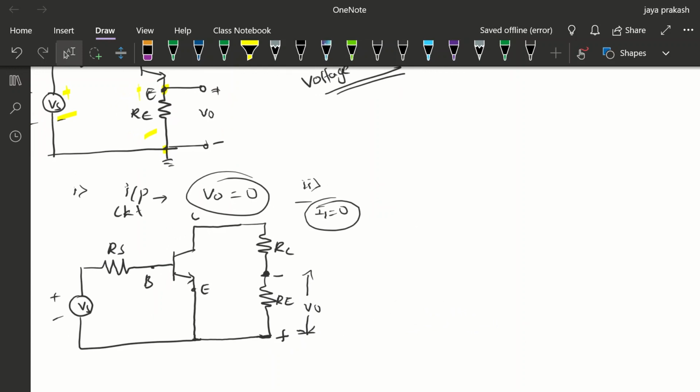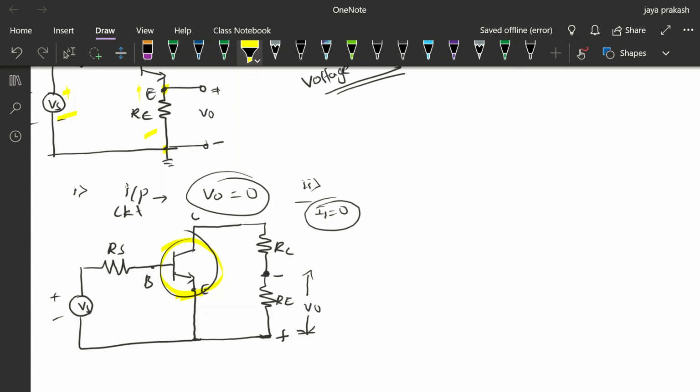Now we have drawn the basic amplifier circuit without feedback. In the next step, we have to replace this active element by an equivalent model. I'm considering a low frequency model. So in place of this active BJT, I'm drawing the H parameter model. In the H parameter model also, I'm only considering the simplified H parameter model.